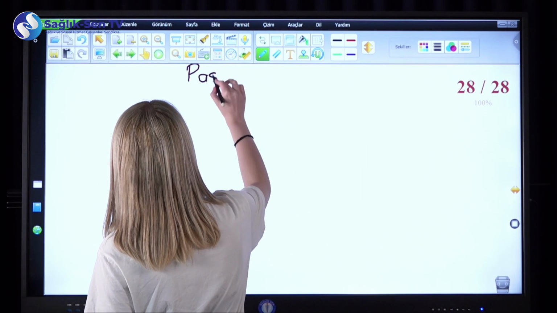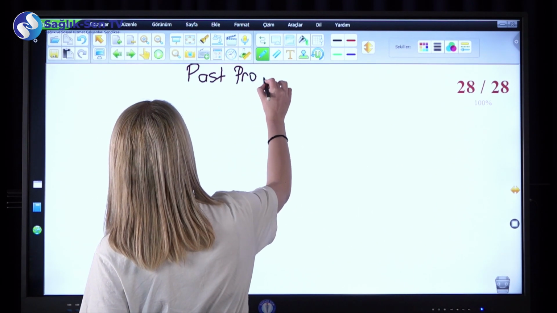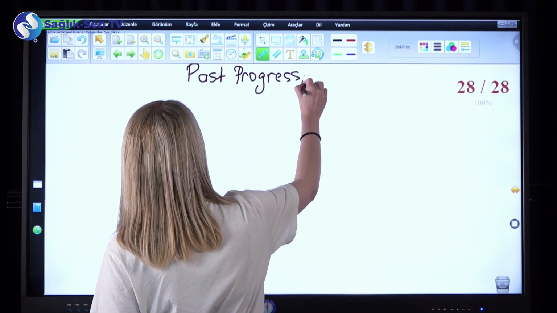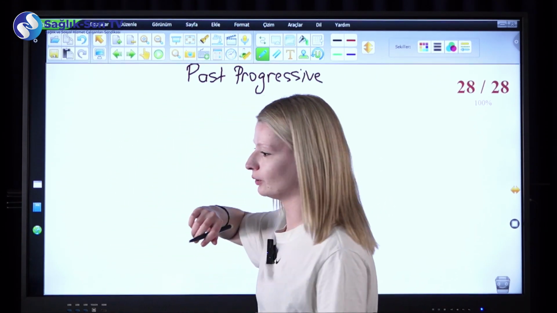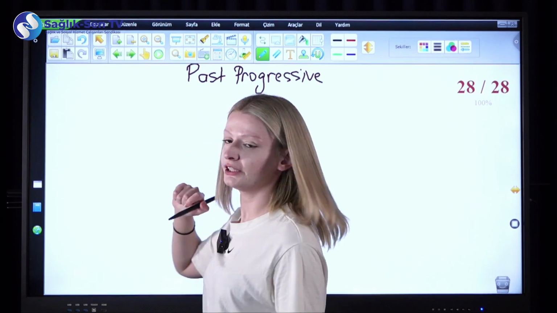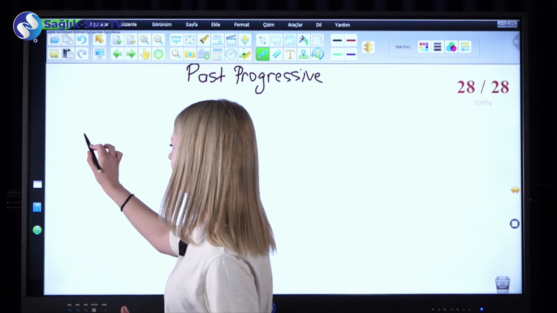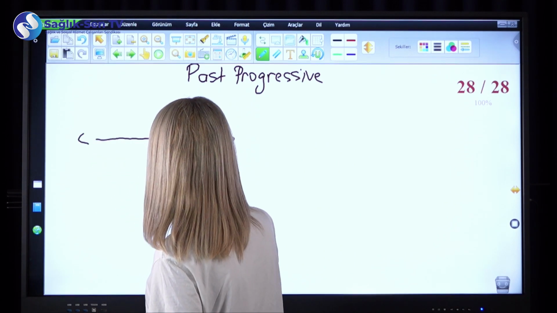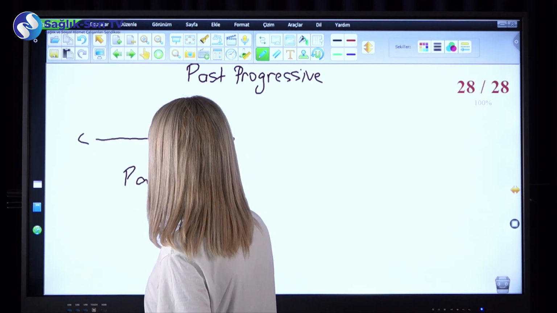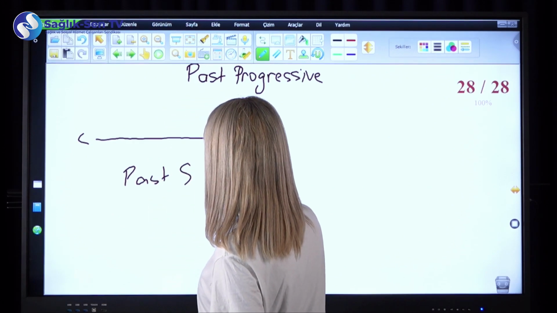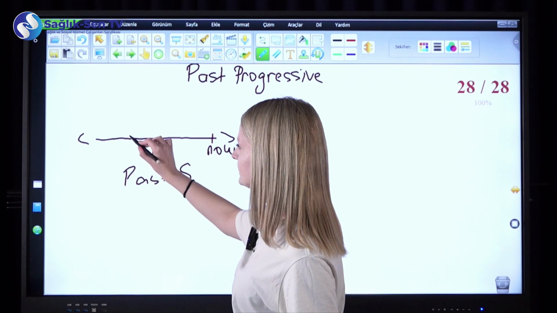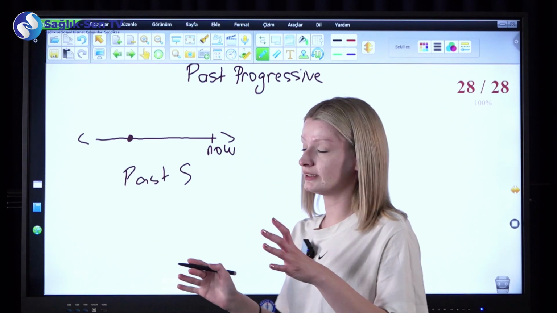First of all, let's remember how we do past progressive. The difference between past simple and past progressive is, if we want to show past simple here, we would show it like this. In the past, it happened and it ended.